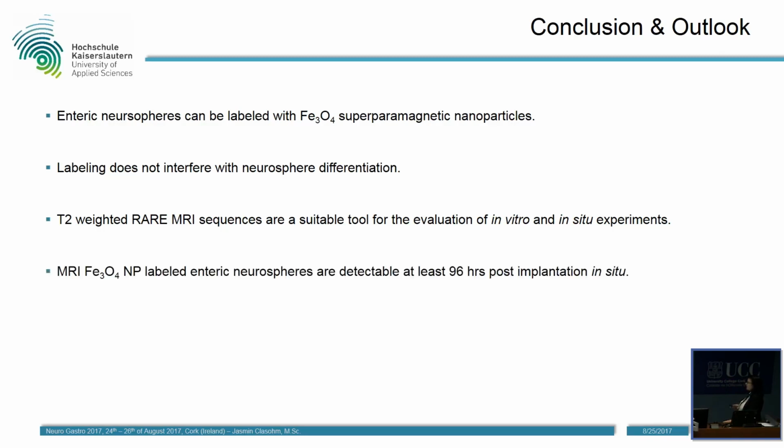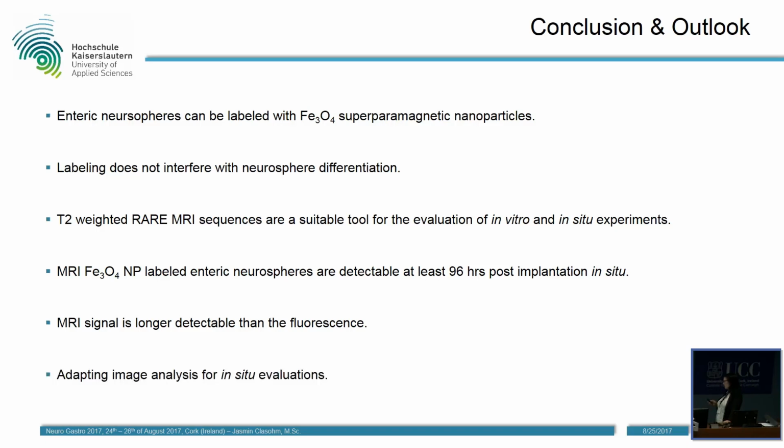And the labeled enteric neurospheres are detectable in tissue samples for at least 96 hours after perfusion, and the MRI signal is detectable longer than the fluorescence in the case of our nanoparticles.